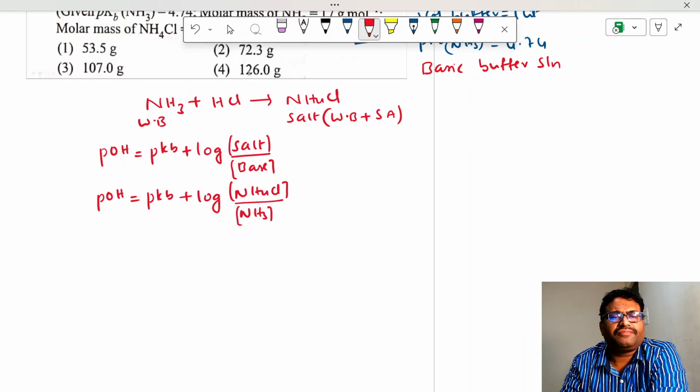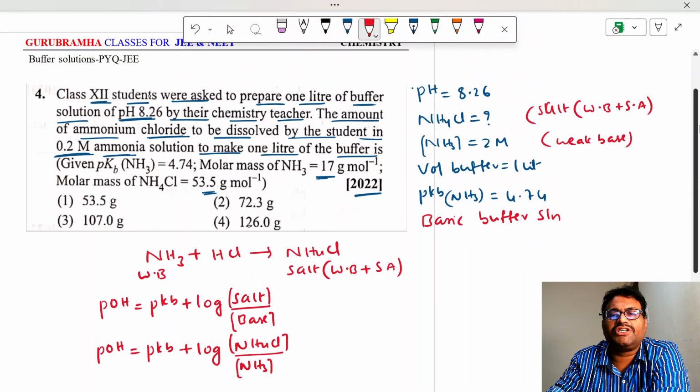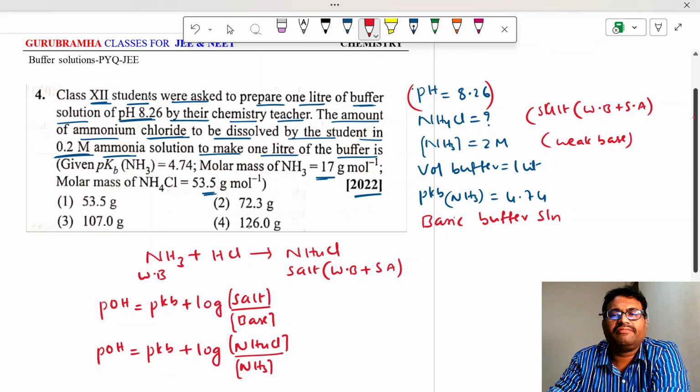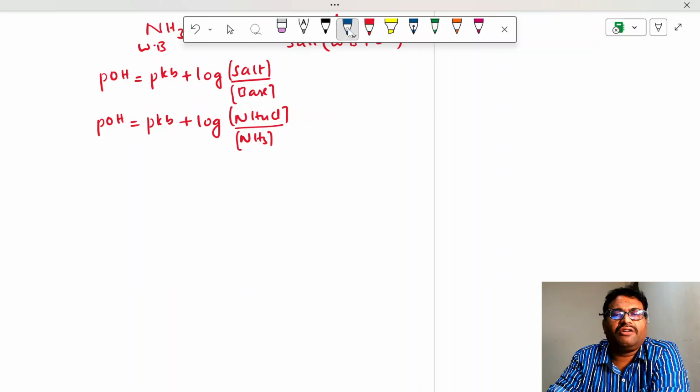Now, what is given? pH is given in the question, but here we want pOH, and we know that pH plus pOH is equal to 14.